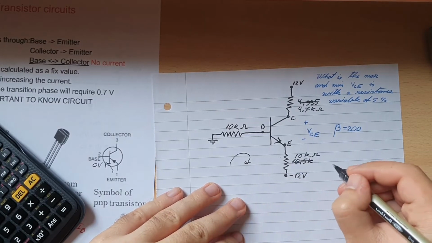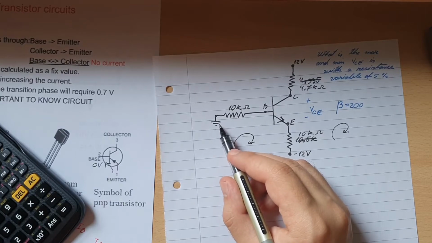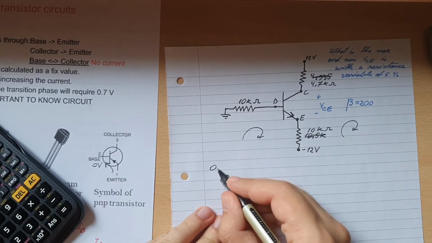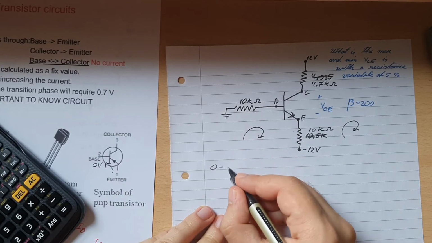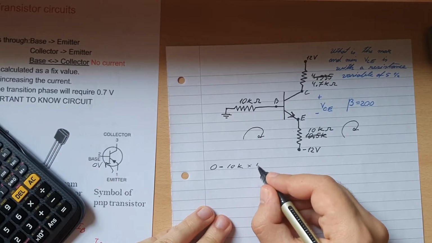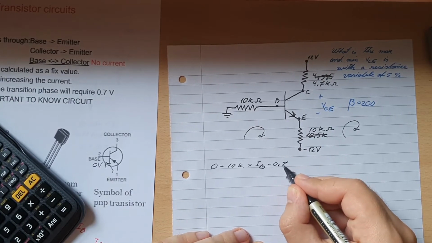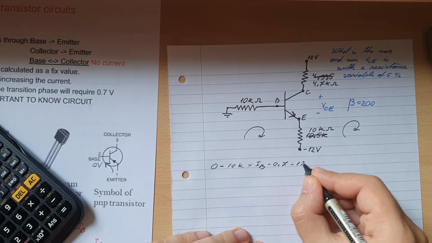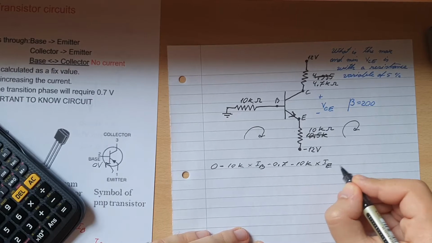So there's one loop here and one loop here. It starts with 0 because it's 0 here, so that'll be simply 0 minus 10k times IB minus 0.7 minus 10k times IE.